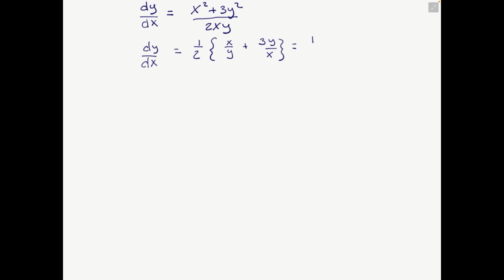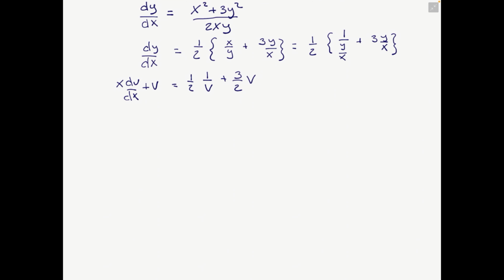And then we see that this is all 1/2 of 1 on y on x plus 3 y on x. And then we convert, we got x dv/dx plus v equal to 1/2 of 1 on v plus 3/2 v.